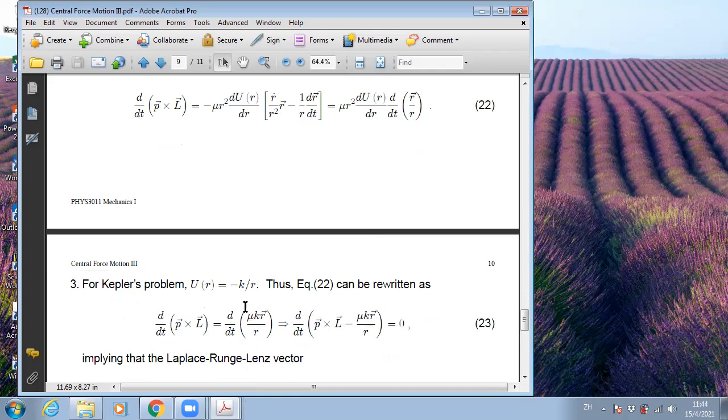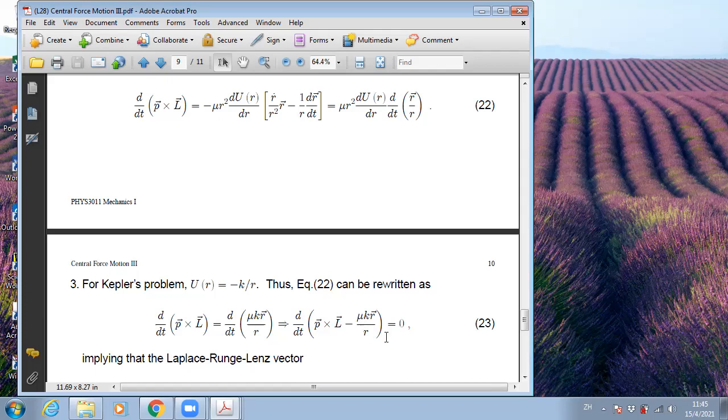And what is this? If I move this to the left-hand side, we have P cross L minus this term, mu K times R hat.